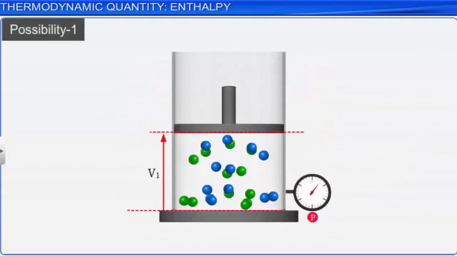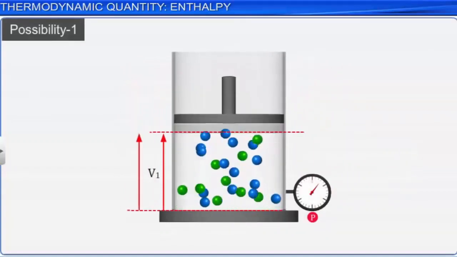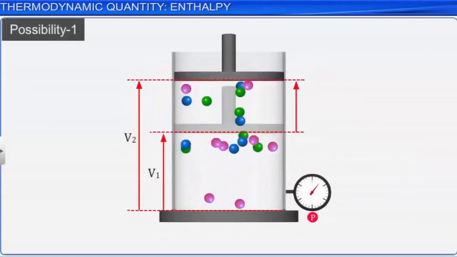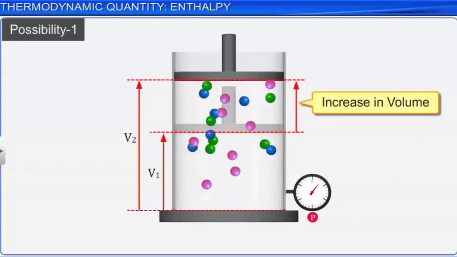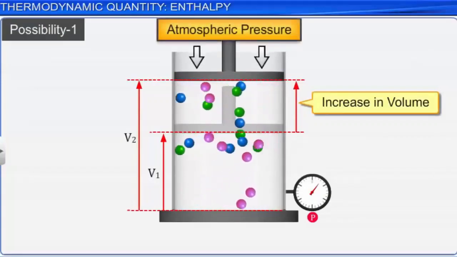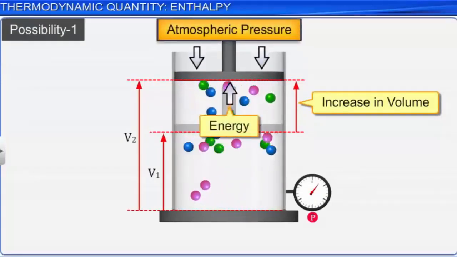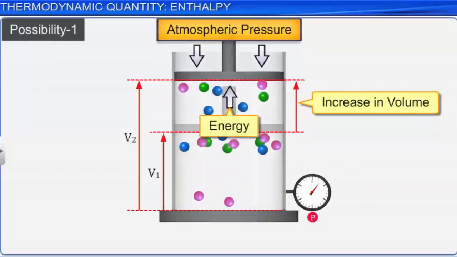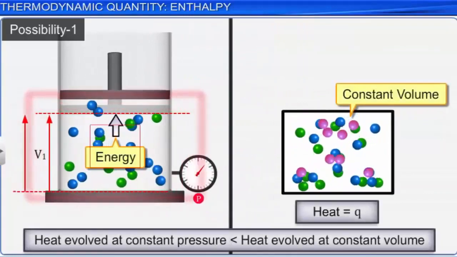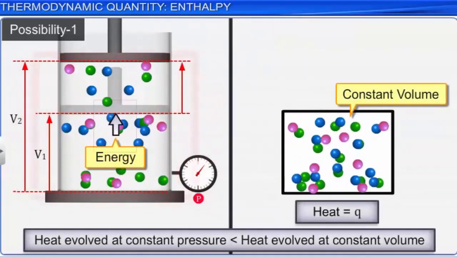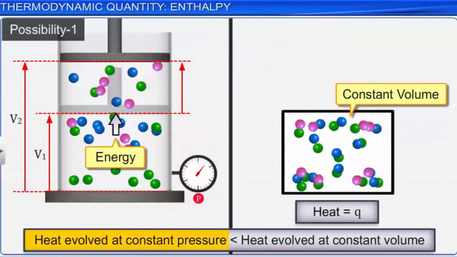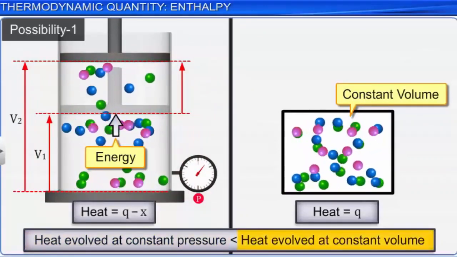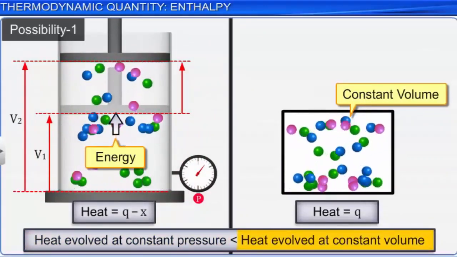One possibility is that if the reaction is carried out with an increase in volume, then the system has to expand against atmospheric pressure and energy is required to perform this act. As some of the energy has to be utilized for this purpose, the heat evolved in this case would be a little less than the heat evolved at constant volume conditions.